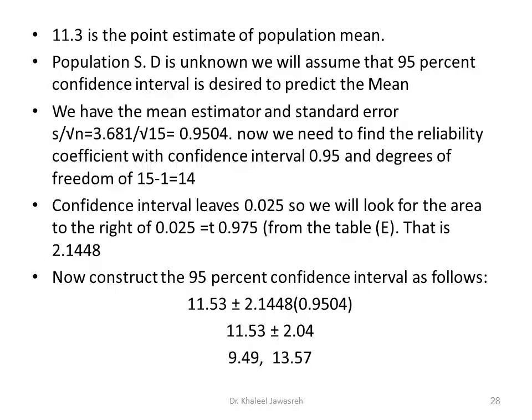Usually we subtract 1 from the total number of observations and go directly to the degrees of freedom in the first column of the T table. So the confidence interval leaves 0.025 in each tail. Why 0.025? Because we are dealing with 95%, the T table will leave 0.025 in each of the two tails.